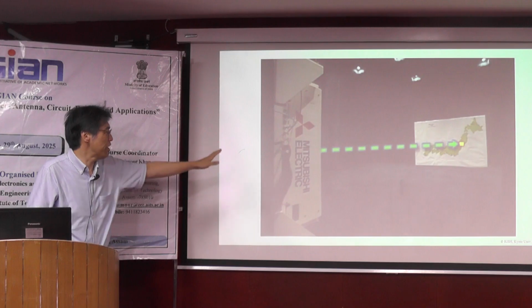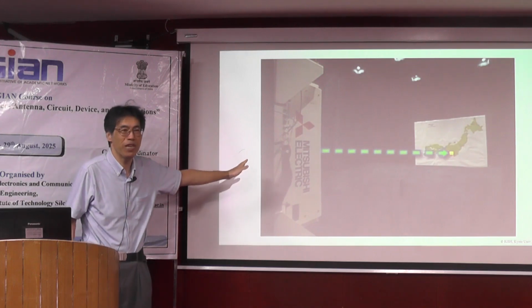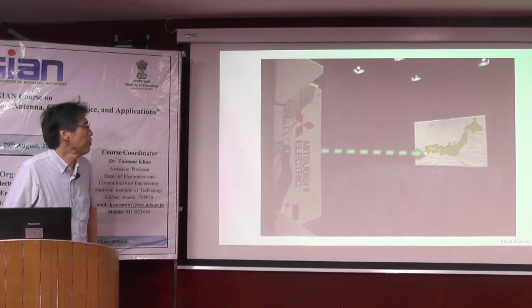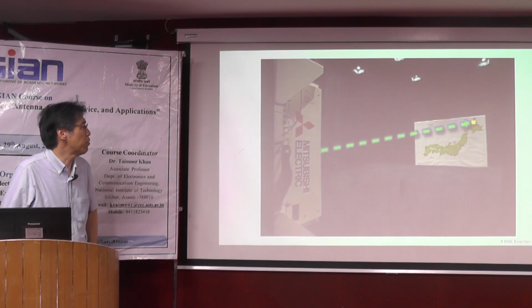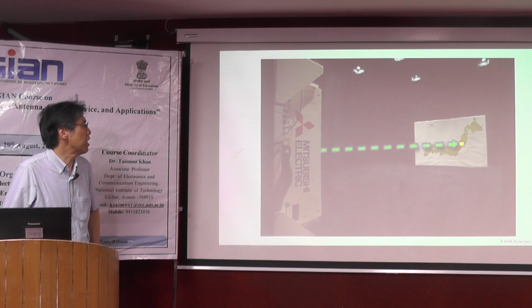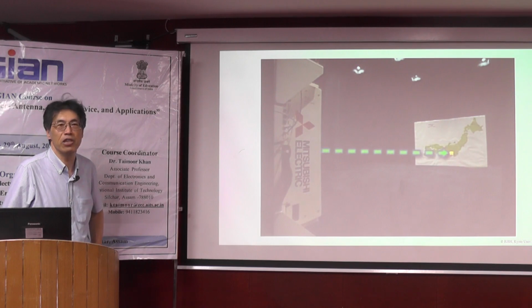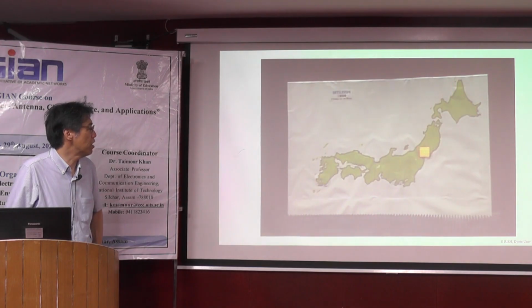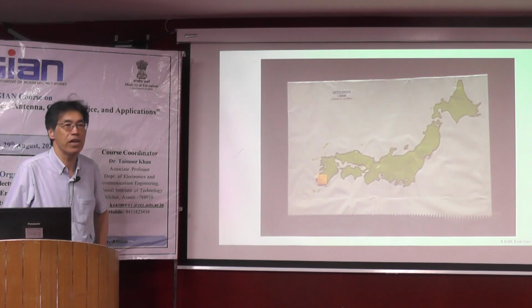There is no movement in this movie, and we can control the beam direction. So this is our example of high power beaming and phased array beam controlling antenna. This is our research equipment in my laboratory. If you want to use this phased array, you can use it.